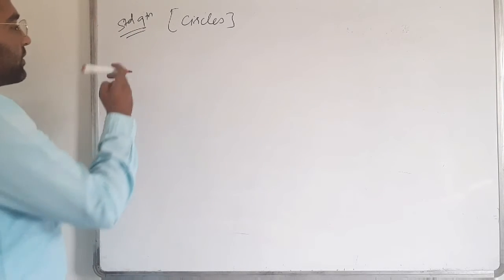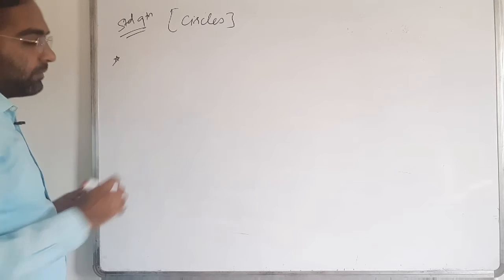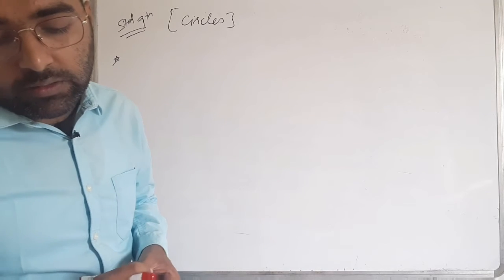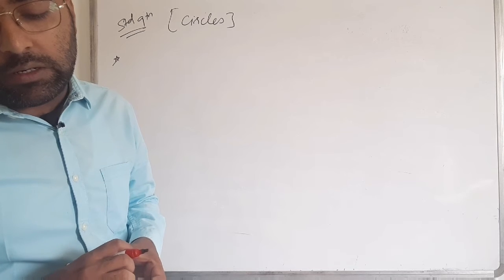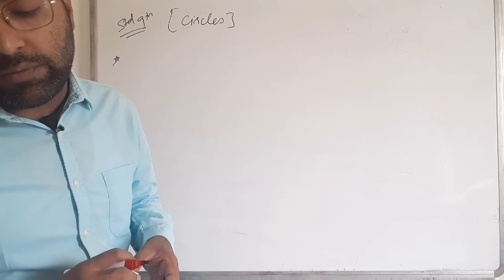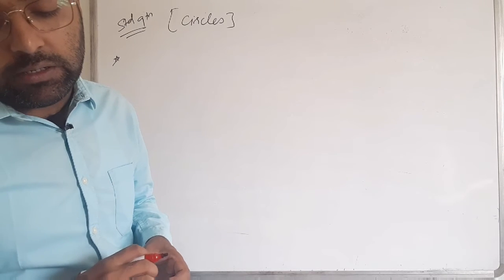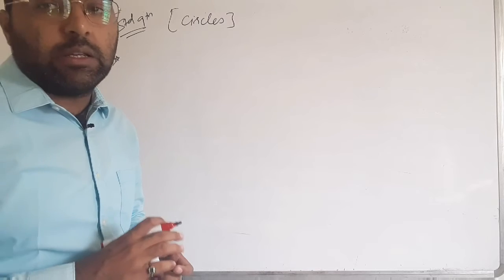So now the next question is: the radius of the circle is 16 centimeter and the length of one of the chords is 24 centimeter. Then the distance of the chord from the center is?